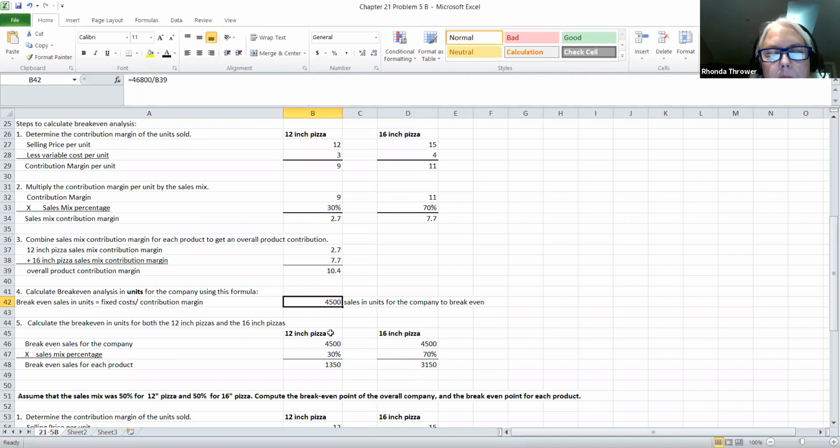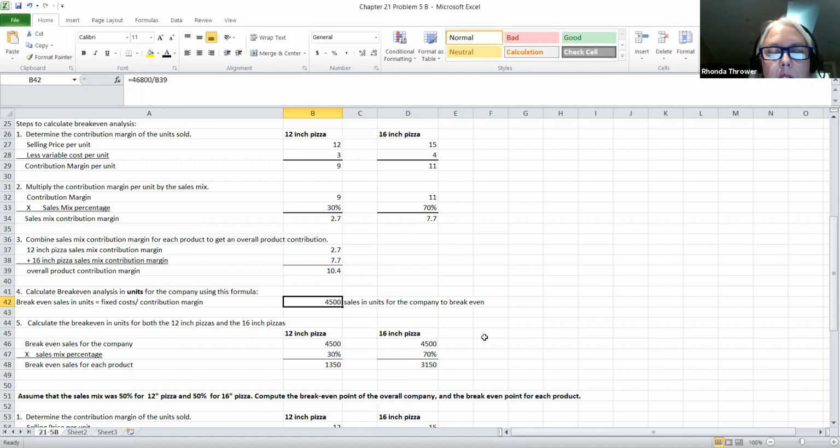So I took my 4,500 units and multiplied it by my sales mix percentage for the 12-inch pizza, which was 30%. And that told me that I have to sell 1,350 of my 12-inch pizzas, and I have to sell 3,150 of my 16-inch pizzas in order for this company to break even.